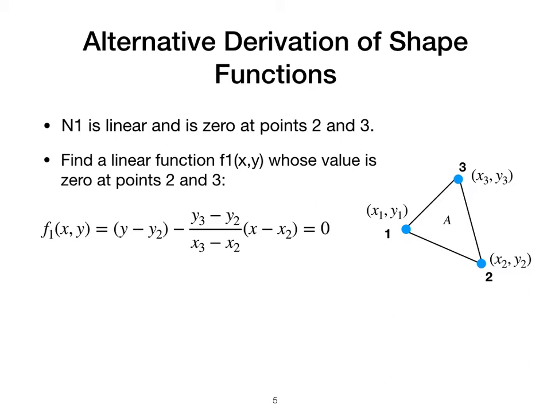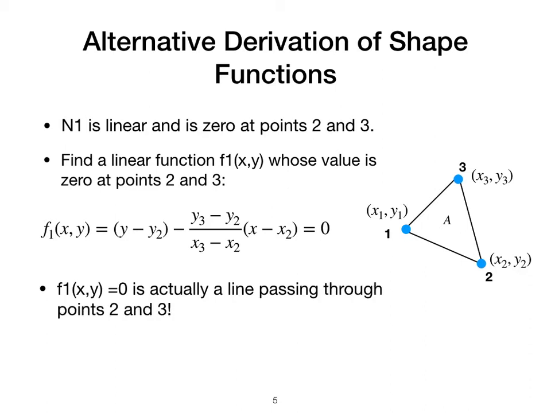So if you find that equation, it will look like this: f1(x,y) equals y minus y2 minus the ratio of y3 minus y2 and x3 minus x2 multiplied by x minus x2, and the whole thing equal to 0.